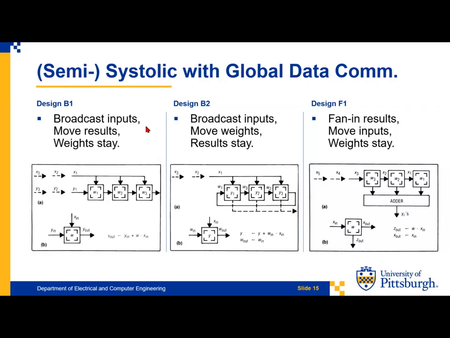Different types have different data movement policies. For example, design B1 broadcasts the input and moves the result, propagating the results among all processing elements, and the model weight stays in each processing element.